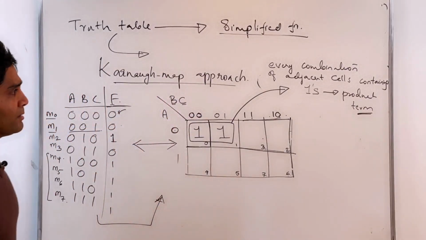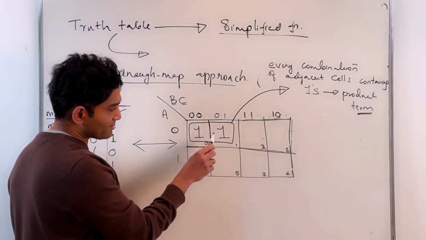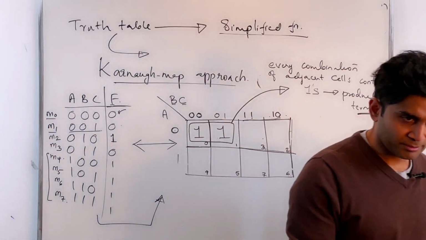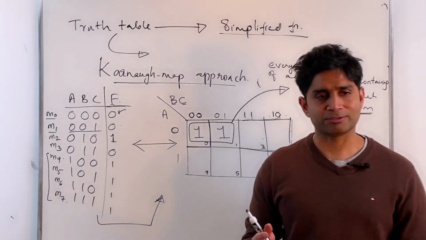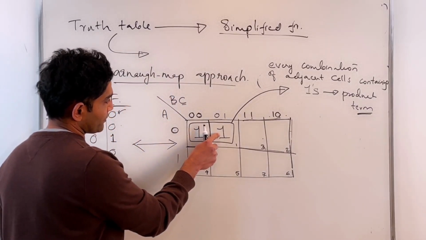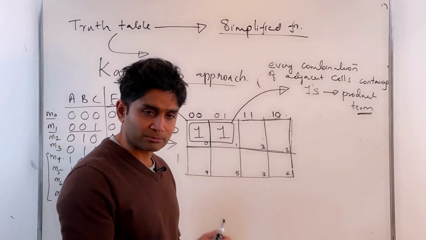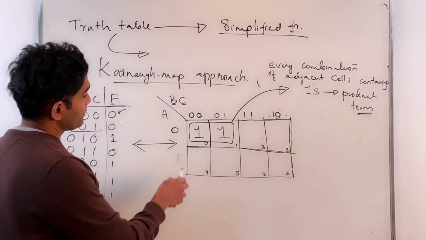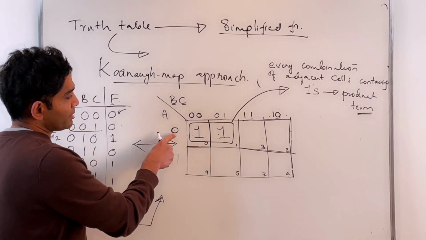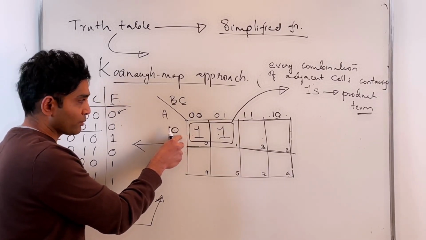The technique to write the product term is simple. You go from one cell to the next cell. You keep those variables that do not change and eliminate the variable that changes. That's the rule. From this cell to this cell, what are the variables that do not change? Remember that these cells actually contain minterms. Going from this cell to this cell, A remains as A prime because the minterm corresponding to this cell contains A prime.